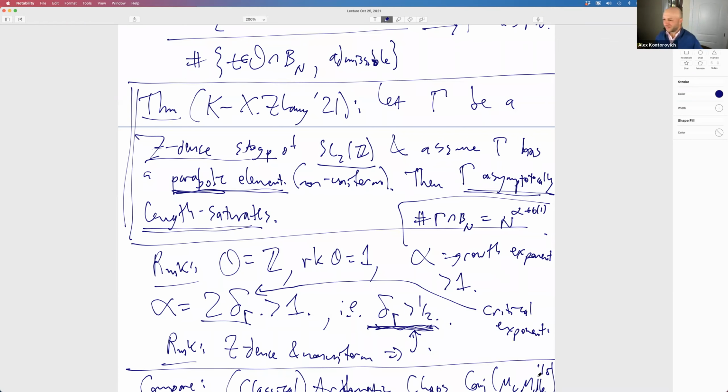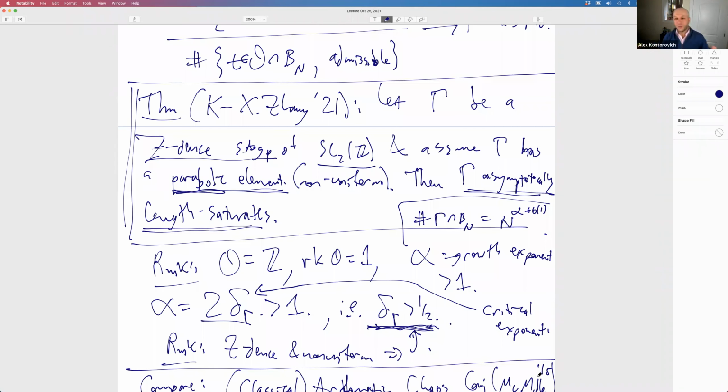So the critical exponent can be as small as a half, which makes the growth exponent of the group at least 1, which means you have a chance. If you had n to the 0.9 elements in the group, those n to the 0.9 elements can't produce all the traces from 1 to n, because the number of traces is n to the 1.